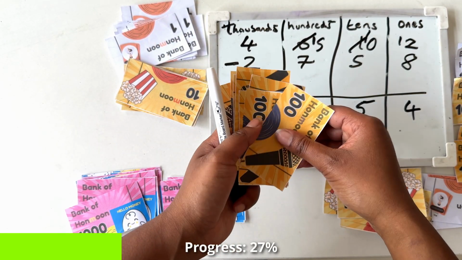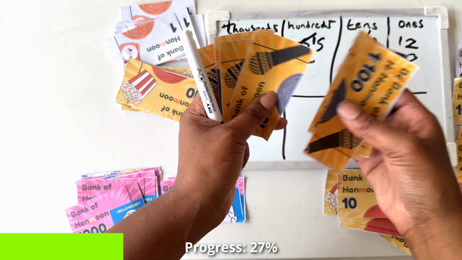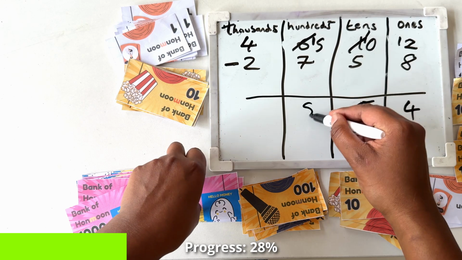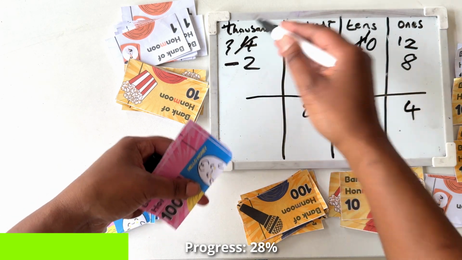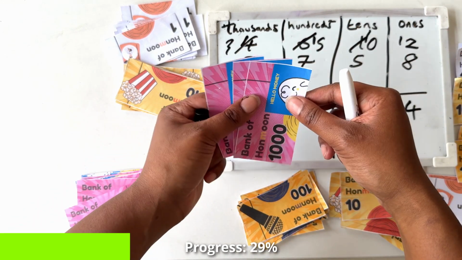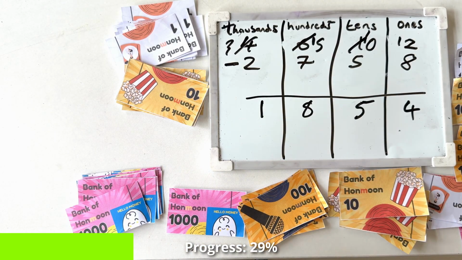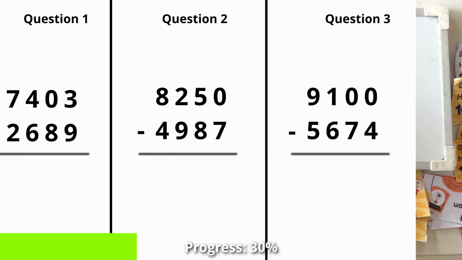Which leaves us with 8. And oh, this was changed to 3, wasn't it? So 3 minus 2 is 1. So it's 1,854.